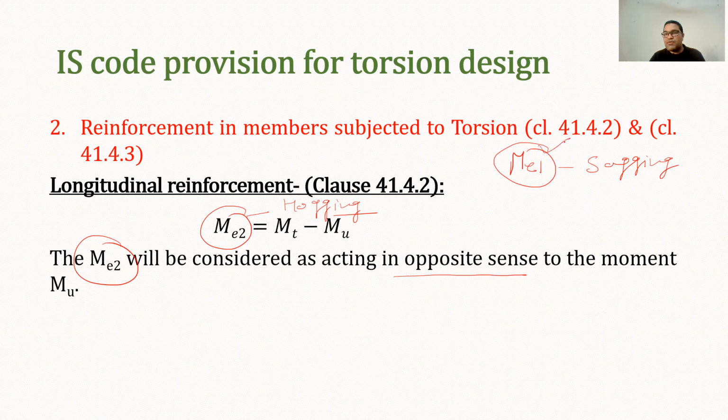In case of ME1 we will assume that the compression face will be on top and the tension face on the bottom. But in case of ME2, there are chances that our beam may get under mode failure 1 or mode failure 3. So that is why we have to take care of those modes of failure, and consider the ME2 effect also.